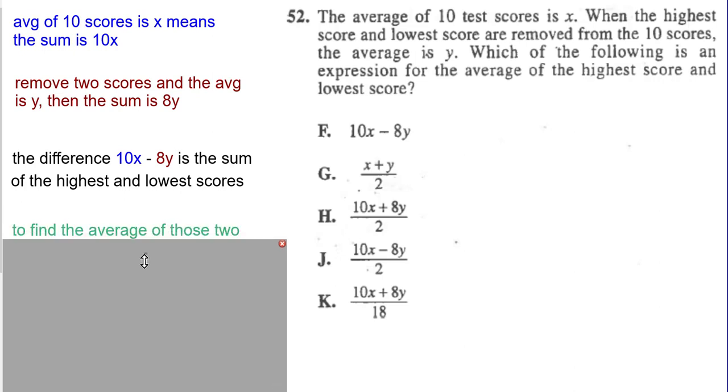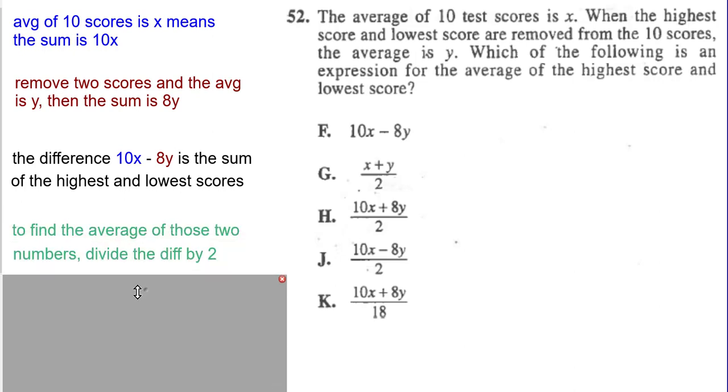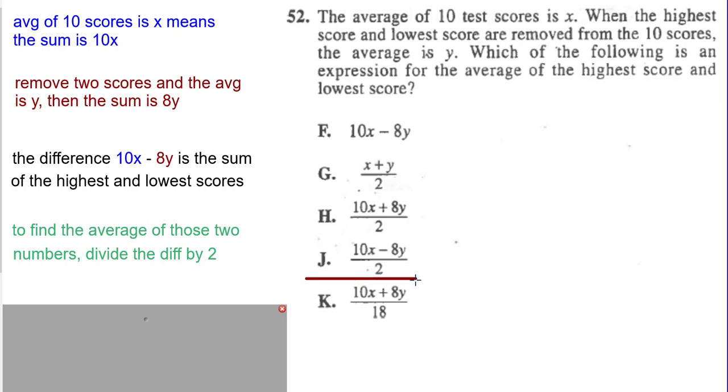But to find the average, we have to take that difference and divide it by 2. And when we do that, that is going to be letter J. Not one that you could do on the calculator, that's for sure.